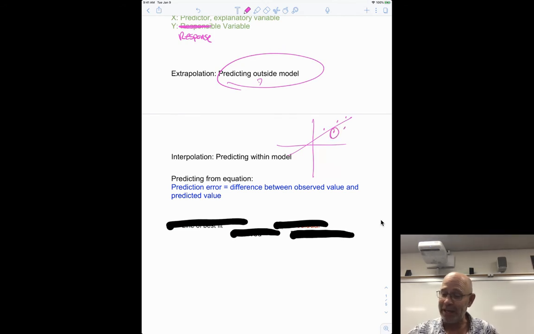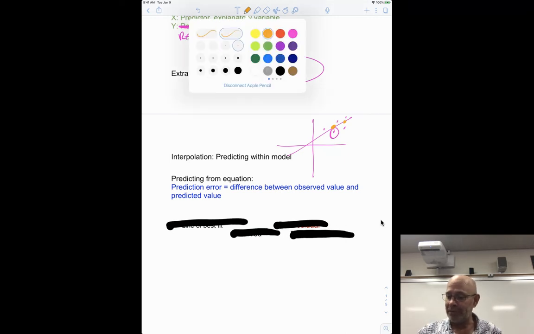But if you predict that data point using the line of best fit, you would get that orange point right there. Or maybe on this next one, if you predict this one, you would get that orange. So your prediction based on the line is not always the same as your data point. So this is what's called a prediction error. The prediction error is the difference, very simple, between the observed value, the point that's on the graph, and the predicted value, which is the one that would fall on the line.